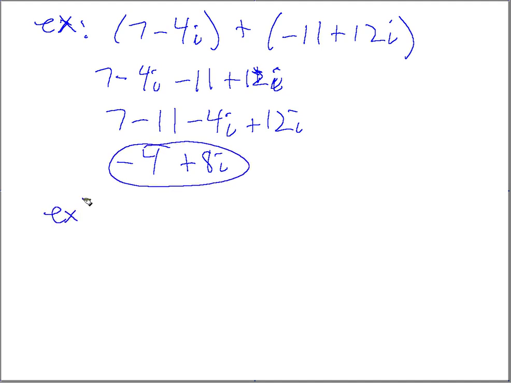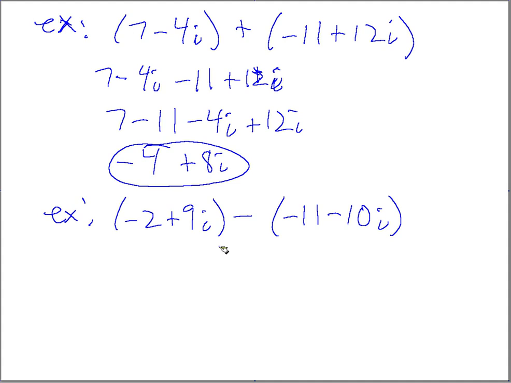Let's just do a subtraction problem here and move on since it's pretty simple. Just combine like terms. Let's try negative 2 plus 9i minus the complex number negative 11 minus 10i. So let's go ahead and subtract these two complex numbers.